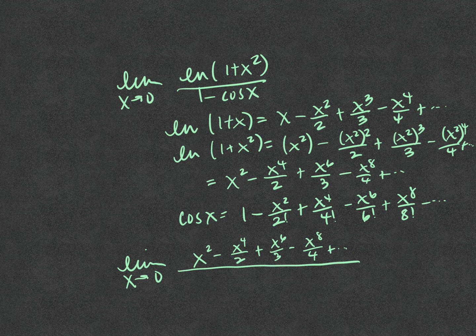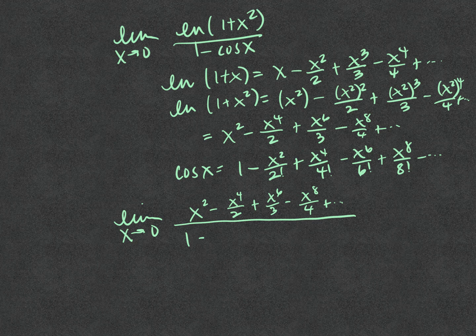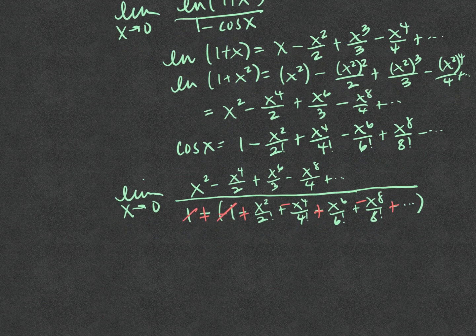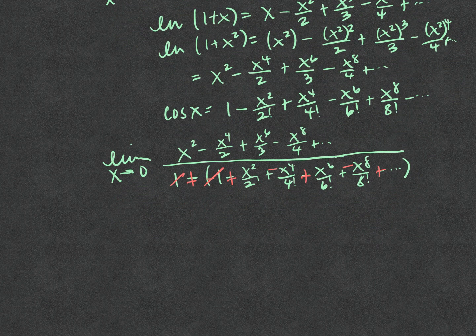And then in the denominator, we have 1 minus, and our cosine is 1 minus x squared over 2 factorial plus x to the fourth over 4 factorial minus x to the sixth over 6 factorial plus x to the eighth over 8 factorial minus dot dot dot. So I'm going to distribute this negative. You can see the negative being distributed here. And then 1 minus 1 cancels.